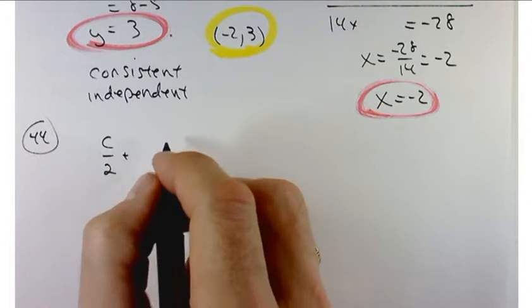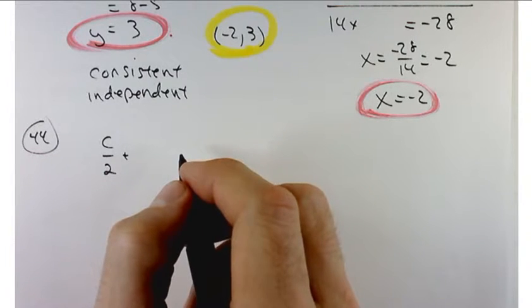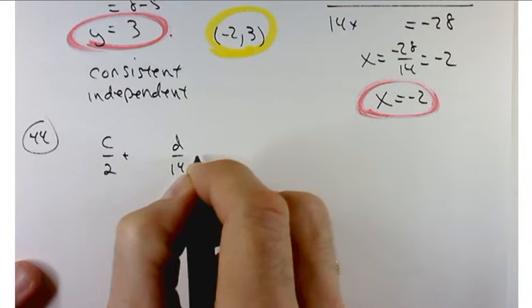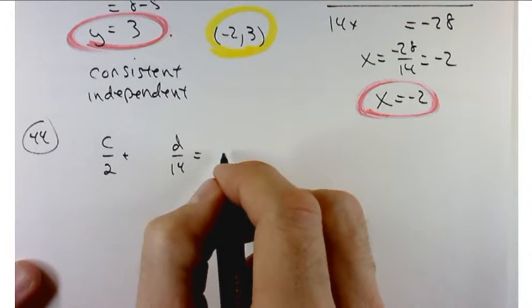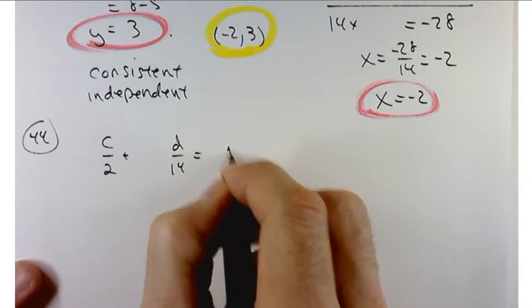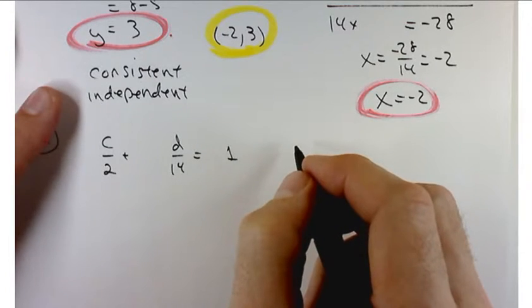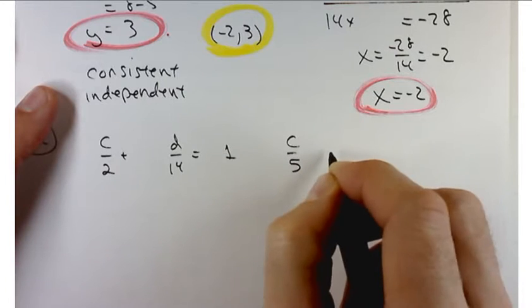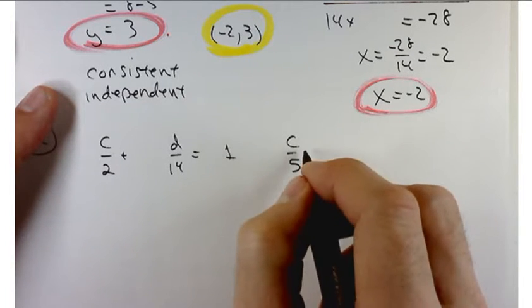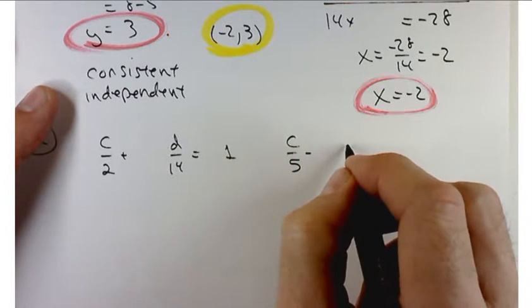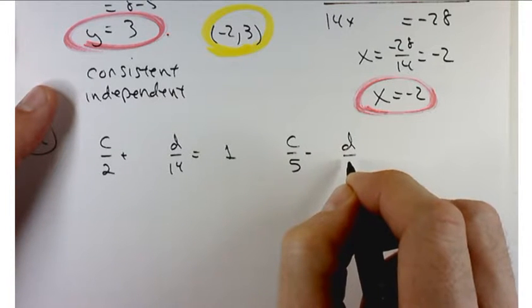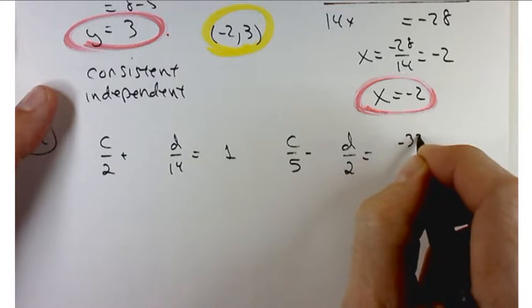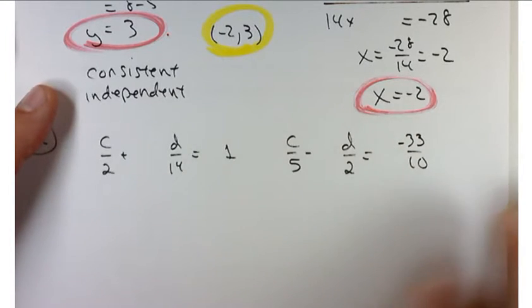C over 2 plus d over 14 equals 1. And then the other equation is c over 5, and again, leave yourself a good amount of space, minus d over 2 equals negative 33 over 10.